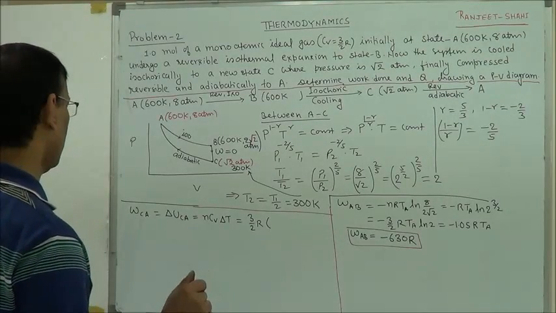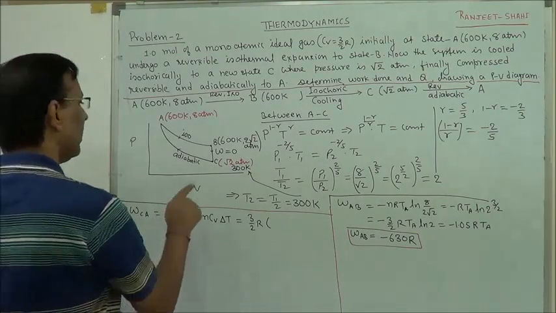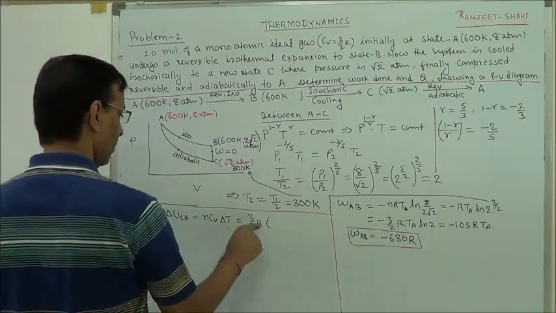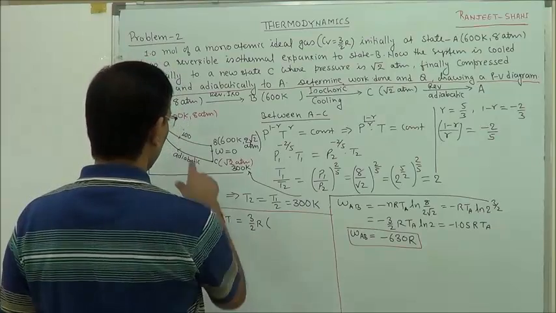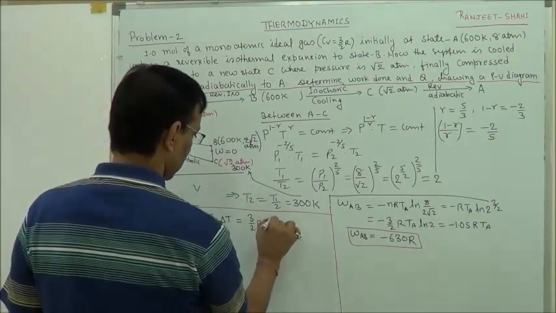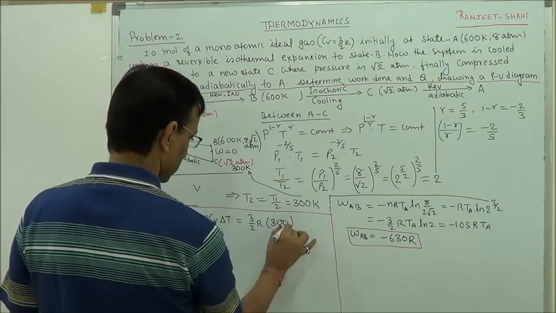Now, WCA is 3 by 2 into R into T final minus T initial. It will be 600 minus 300. So 300.